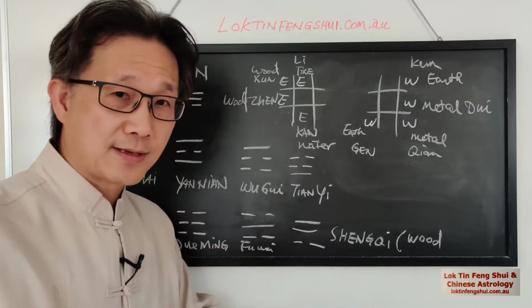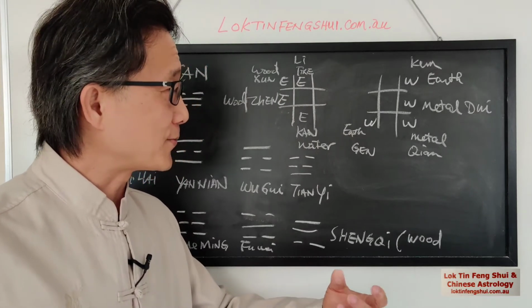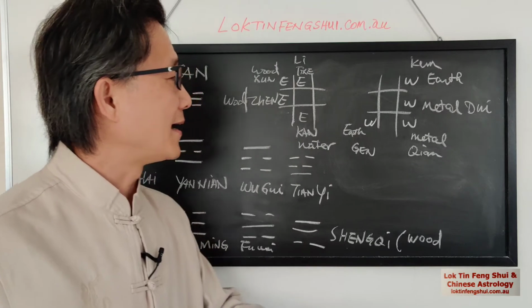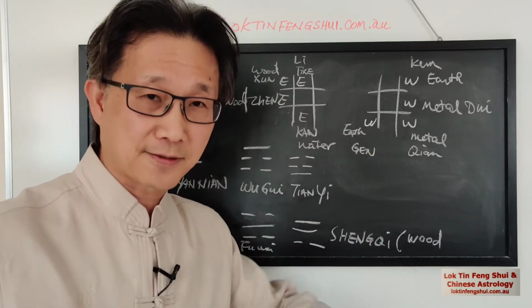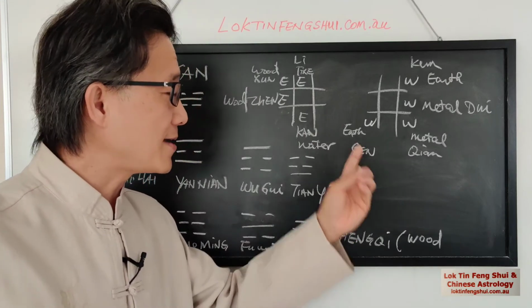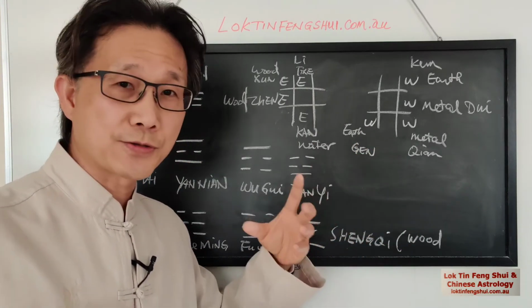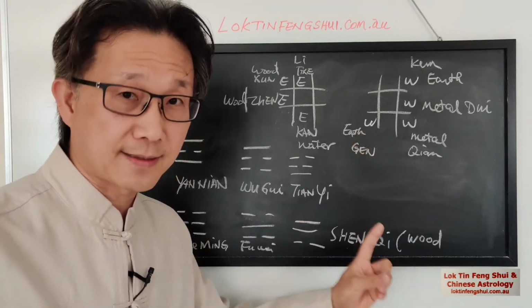So if in your home you have a youngest son, and you are in a West group house, then earth is the stomach area, or skin, muscle. So if he complains about muscle issues or skin issues, then maybe that is one of the reasons.